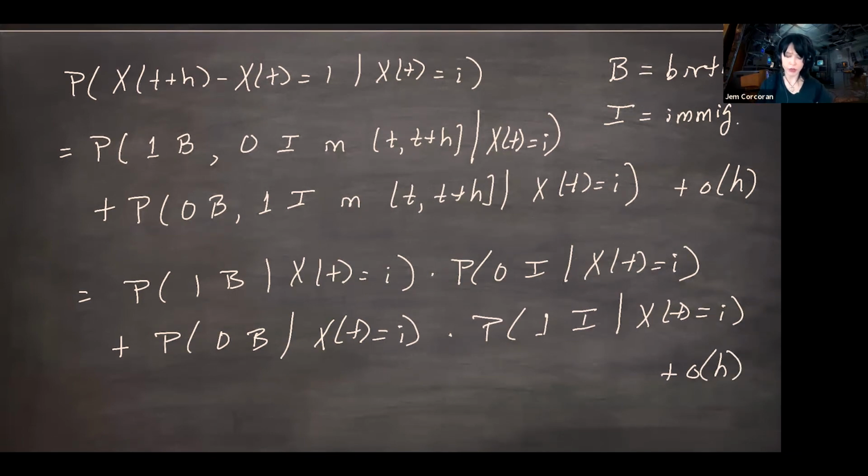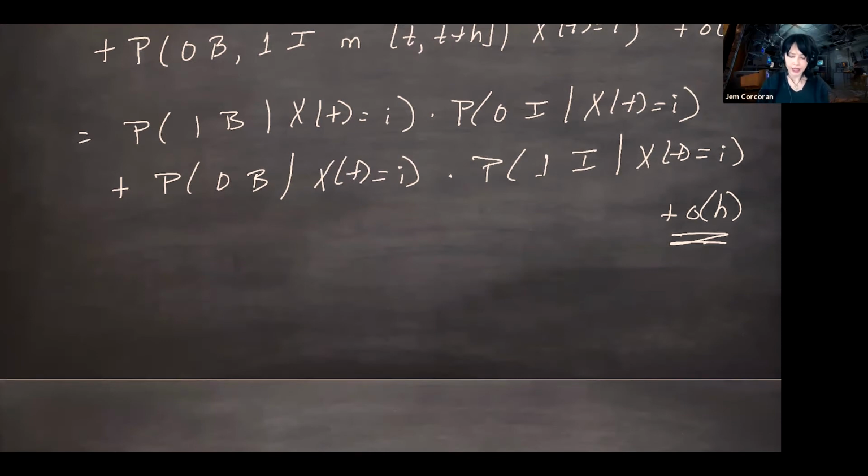I guess we don't have to worry about that here, the negligible stuff. It's going to matter when we introduce death, because increasing by 1, let's say there was just birth and death, no immigration or anything like that. Increasing by 1 could mean that you had 1 birth, but it could mean you had 2 births and 1 death. And it could mean you had 3 births and 2 deaths. And so there's many ways to increase by 1. And this is going to become much more important when we talk about birth and death processes.